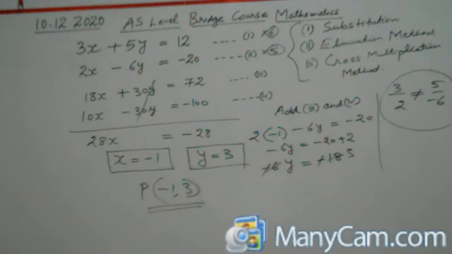In your book here in AS level, they have discussed the intersection graphically also, they have solved. And the substitution method also they are solving. So let's take a few more simultaneous equations.